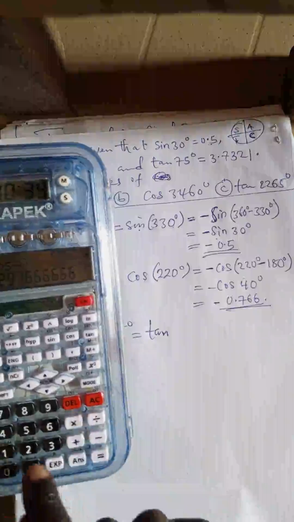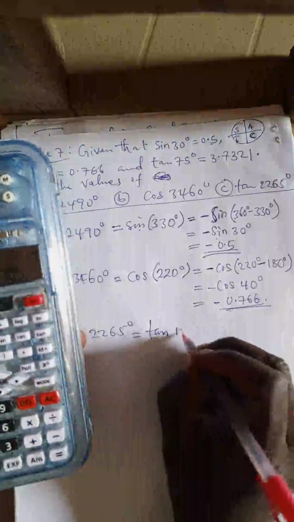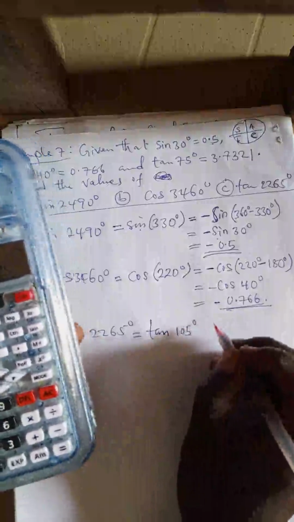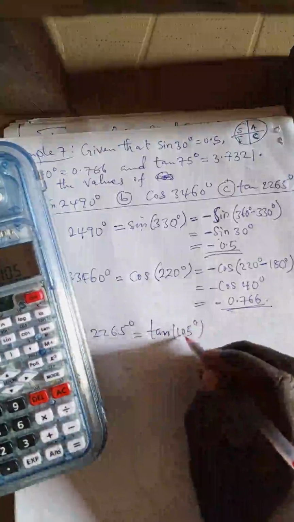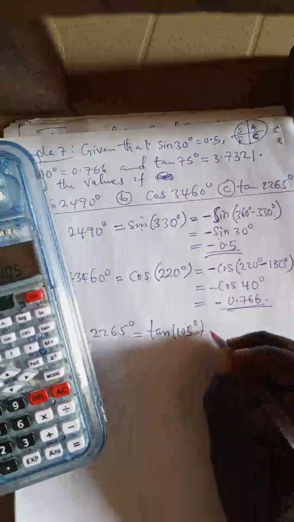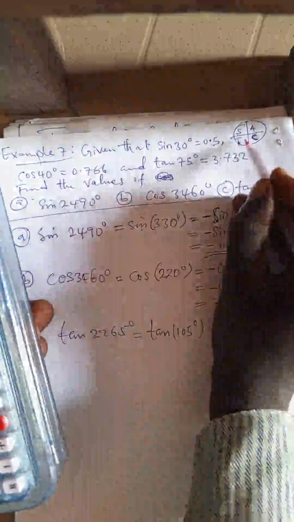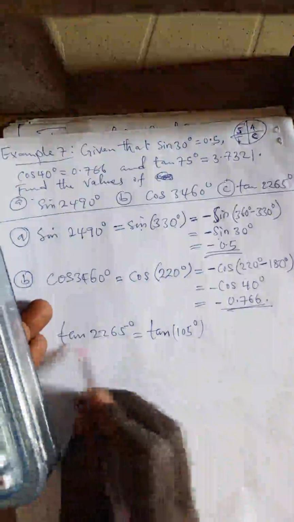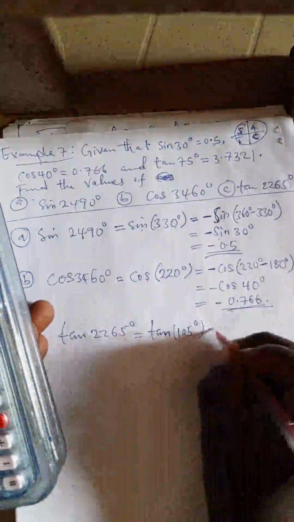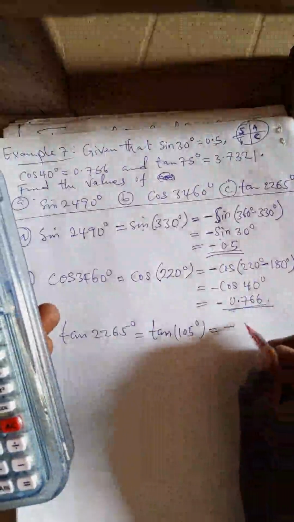The answer times 360 degrees, and we have 105 degrees. But 105 degrees is falling in which quadrant? This is falling in the second quadrant. And in the second quadrant, everything is negative except sine. But here we are dealing with tan, so this is negative also because it is not sine.